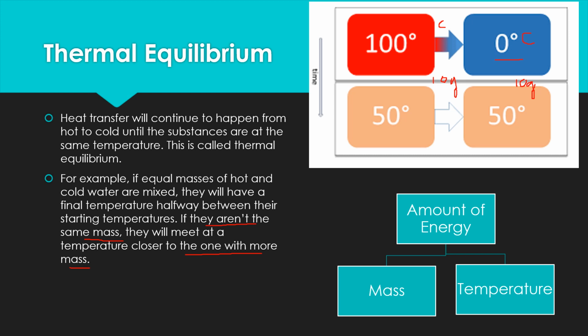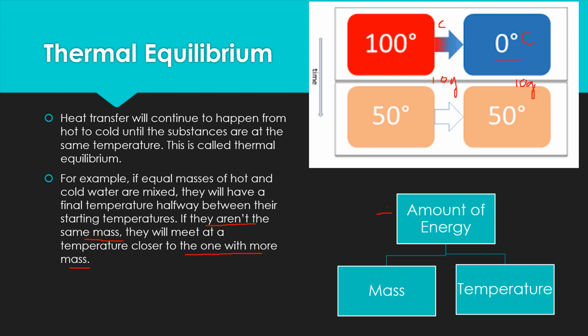So if they're both water, but one's 100 grams and the other one's 45 grams, the one that's 100 grams, whatever temperature it's starting at, we're going to end closer to that temperature. So if that's the hotter one, our final temperature is going to be warmer than halfway between. If it's the colder one, then it's going to be colder than halfway between. All right? So it shifts it a little bit.